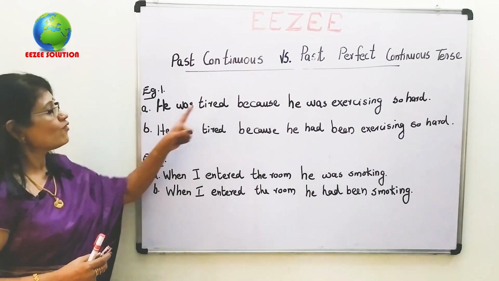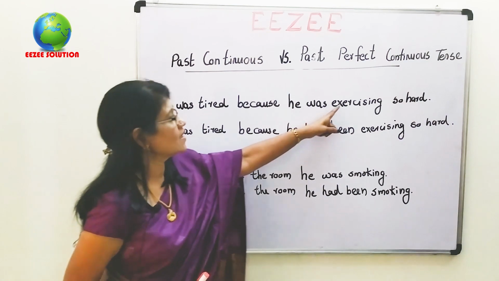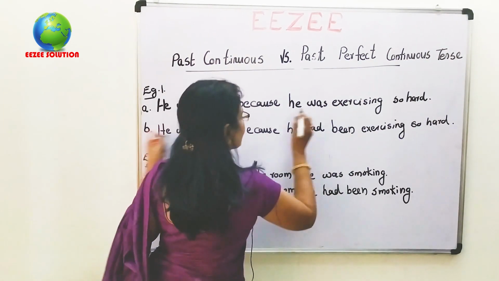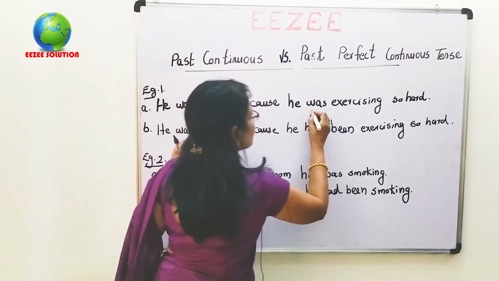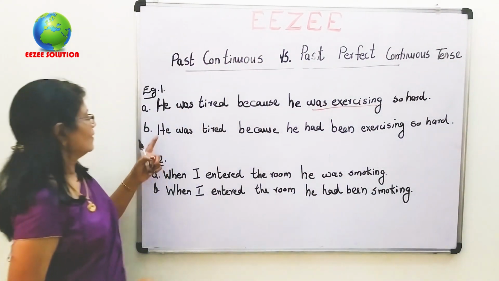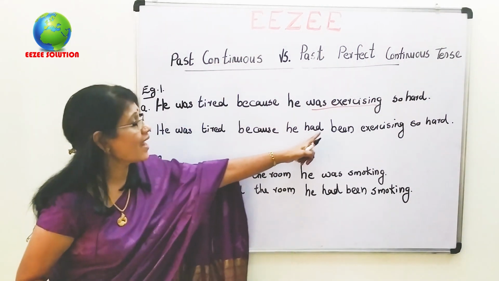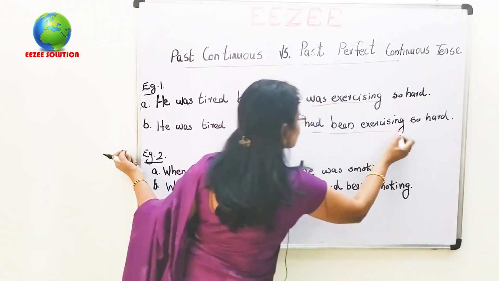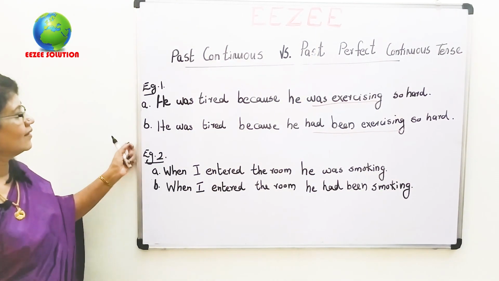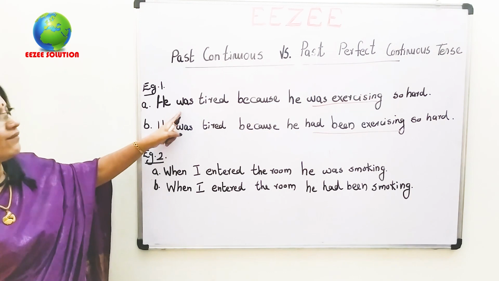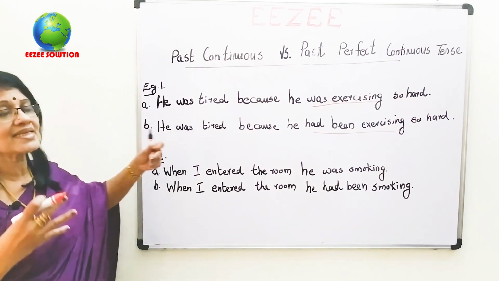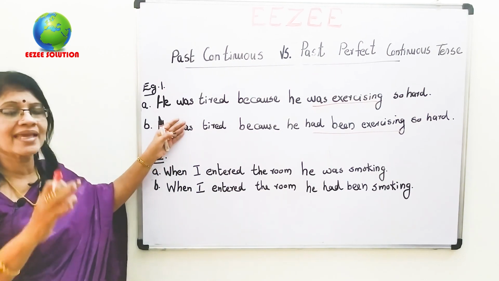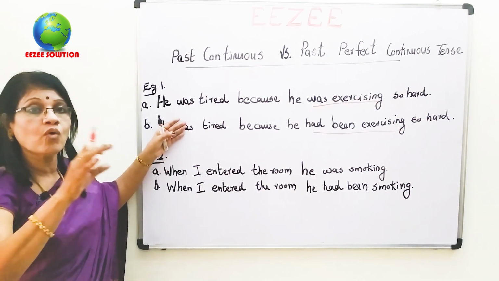Here, he was tired because he was exercising so hard. This is past continuous tense. He was tired because he had been exercising so hard. This is past perfect continuous tense. When we write he was exercising so hard, he was tired also, so we are talking about that moment only.